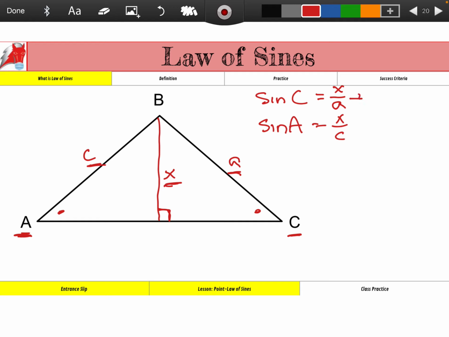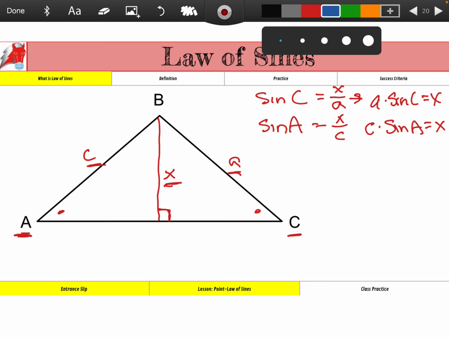If I do that, I multiply by A, so I get A times sine C, and that equals X. And then if I do the same thing here where I multiply by C, I get C times sine A, and that equals X. Well, look at what we got here. Both of these are equal to the same thing. So that means I can set them equal to each other.